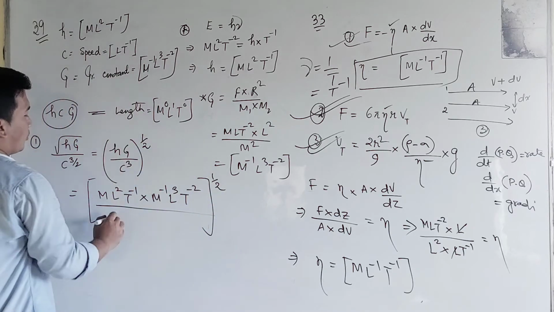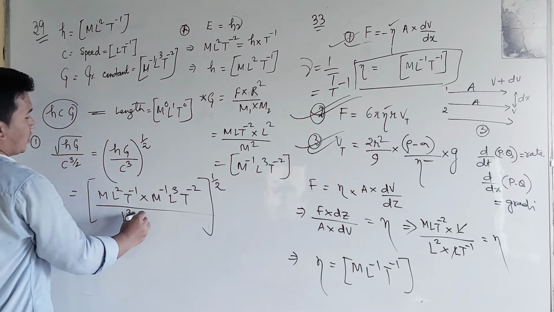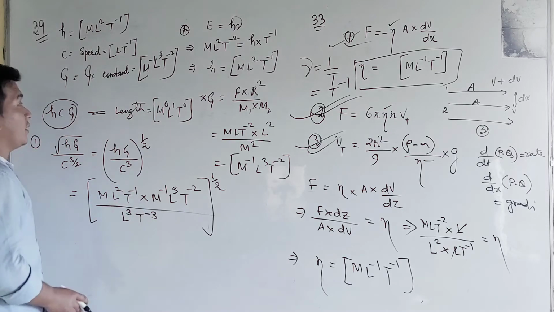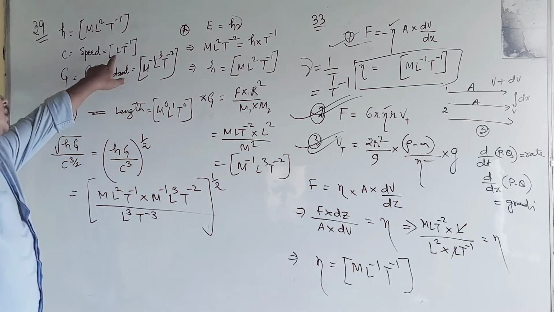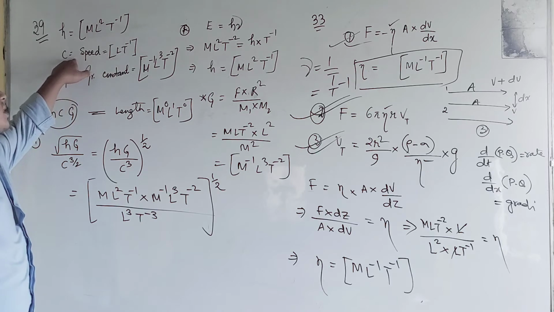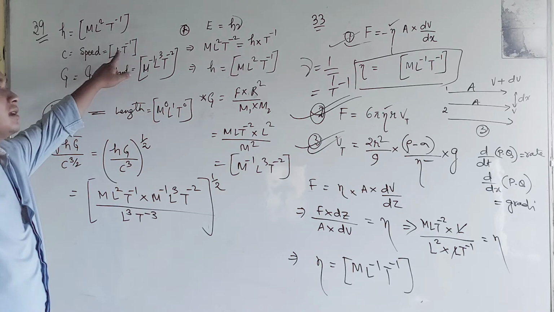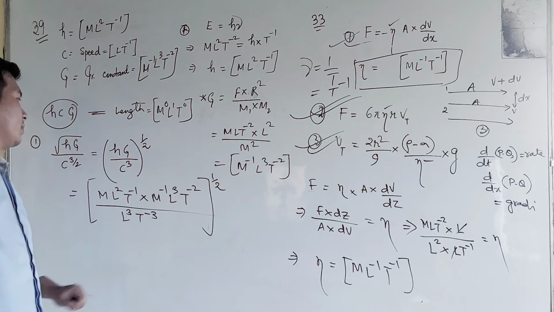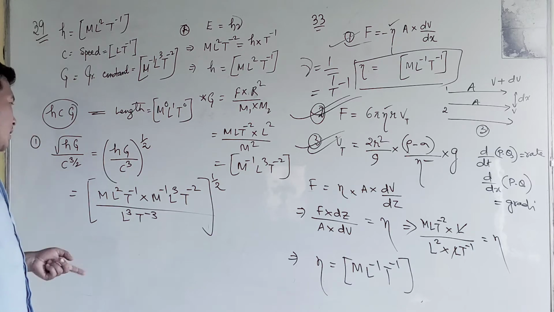The speed's dimension formula is L T inverse 1, and cubed it gives L cubed T minus 3. Do you understand this? We will be having this, and now check it here.